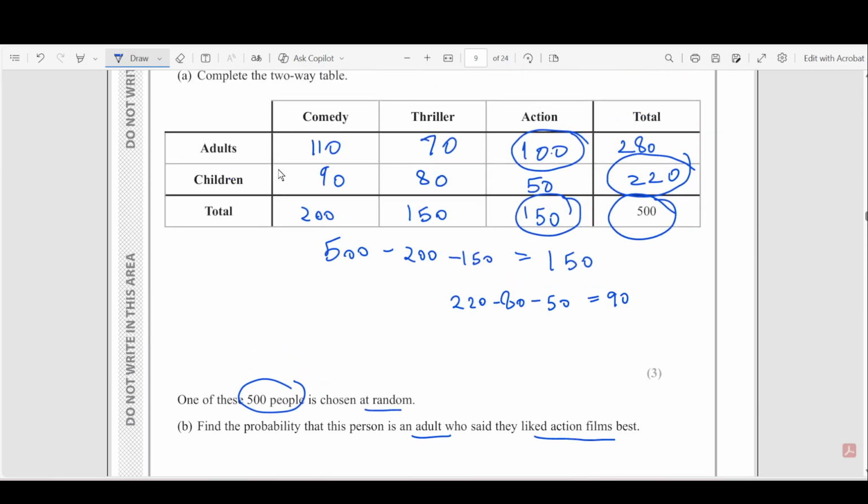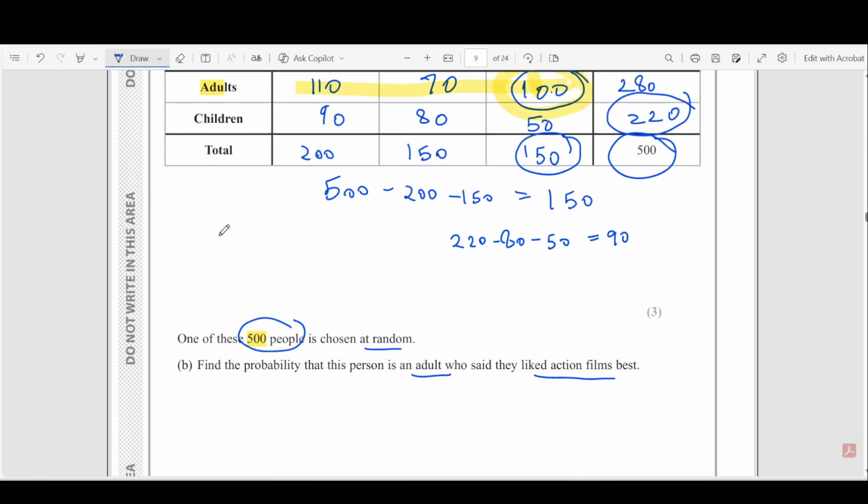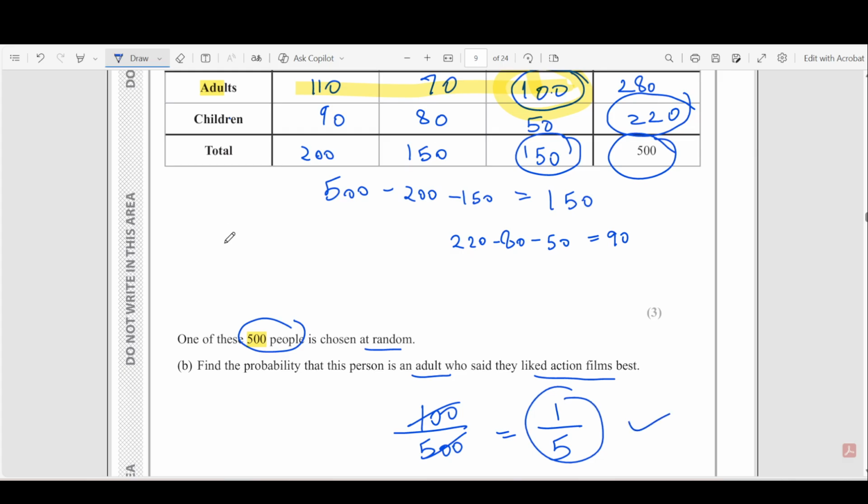So adults who like action films, if you notice here, adults and action, this is what we have: 100, and the total is 500. The formula for probability is always favorable outcomes divided by total. So favorable is 100, divided by total 500. If we simplify it, we get 1/5. That's our answer. Clear?